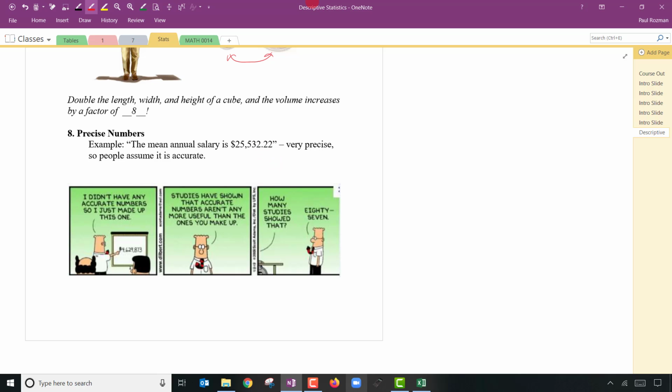Sure, this might be the mean of some sample data, but they may not be able to measure it to the nearest penny. And many other things are like that as well. So be careful about being overly precise.